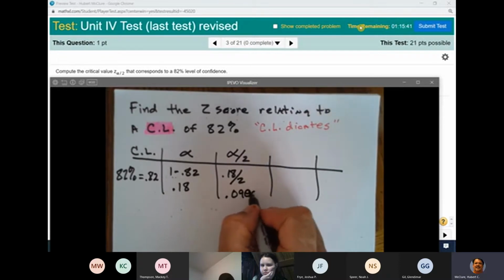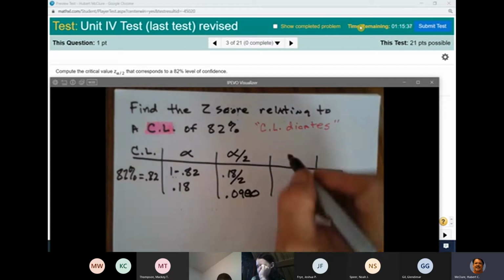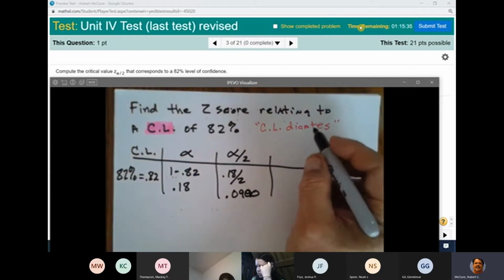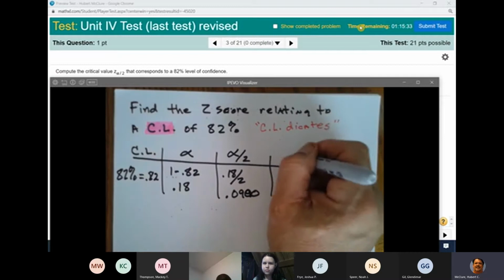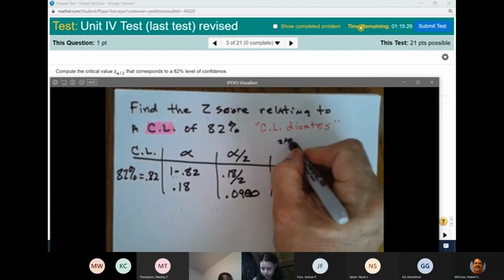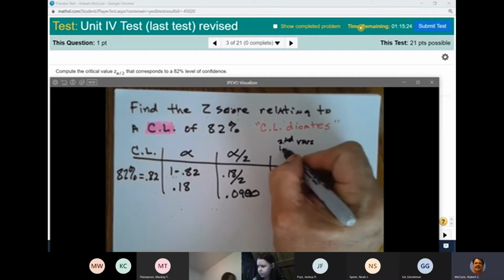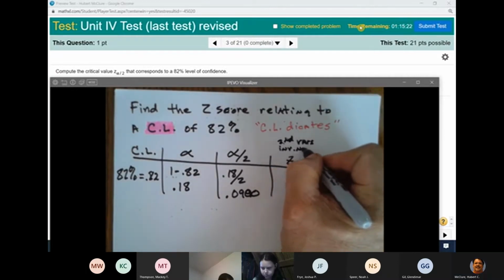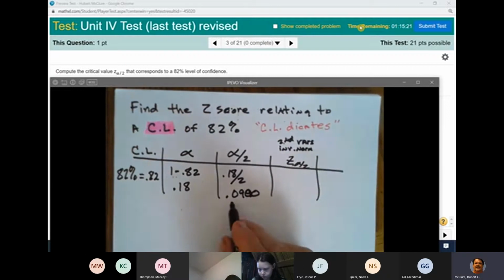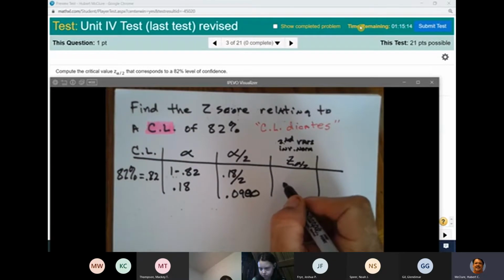I'm sorry, 0.0900. And somebody take your handy dandy calculator and do second, bars, inverse norm, 0.0900. What do you get? 1.34.